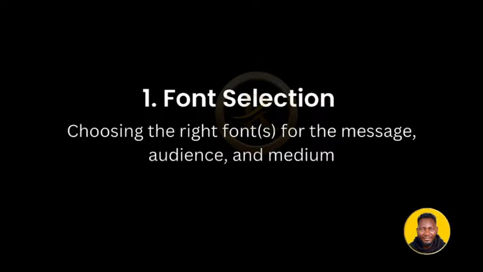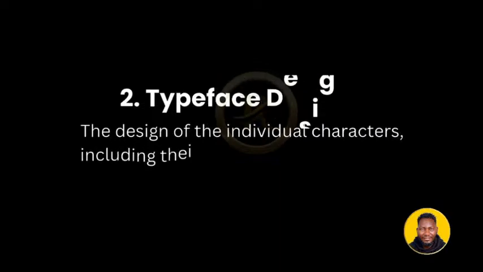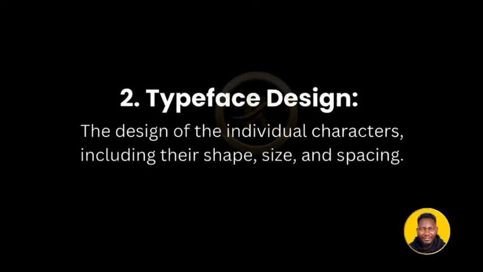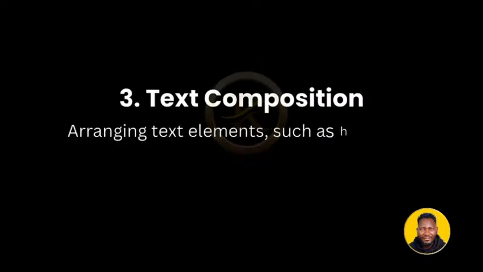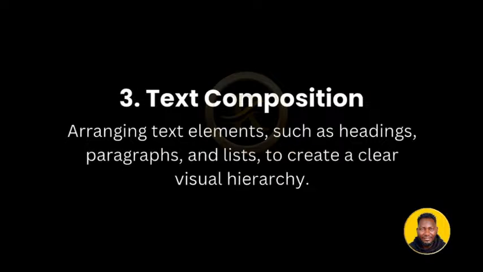Secondly, we talked about typeface, and this has to do with designing the individual characters in your fonts and giving them more design so that they can come out well. And just now we talked about text composition, that is arranging your elements such as headings and other parts that we just spoke about, such that it can create that visual hierarchy.